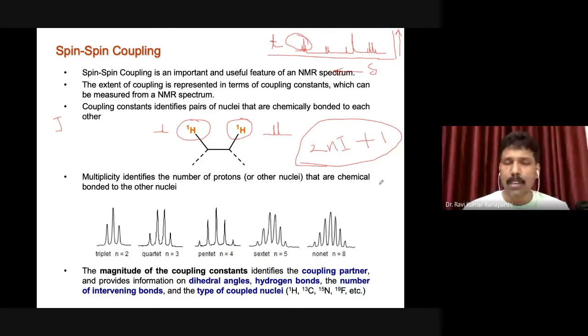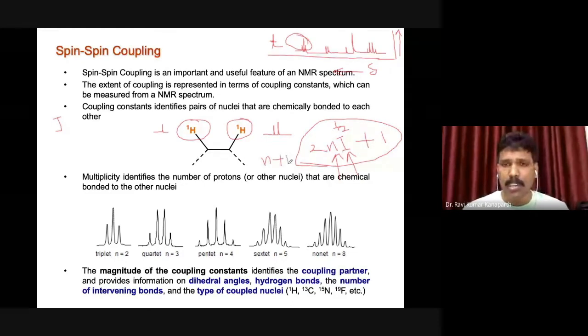Suppose a nucleus has n nuclei in the vicinity with a spin quantum number I, then accordingly it will split. In the case of a proton, which is spin half, the half cancels out, and therefore in proton NMR it is governed by the n plus 1 rule.